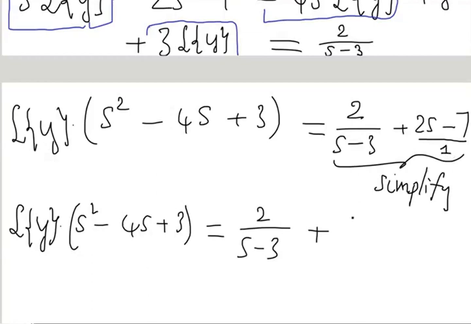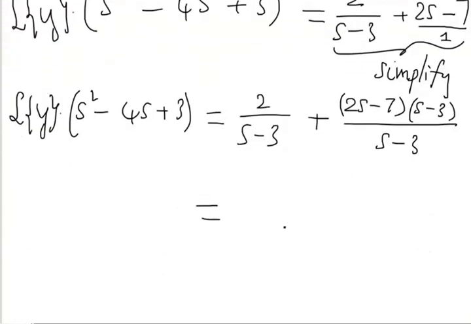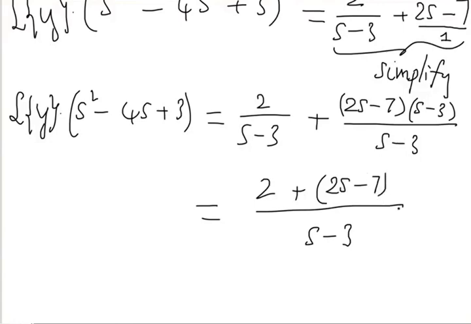So we multiply both numerator and denominator by s minus 3 to have the common denominator of s minus 3. And we add them up: 2 plus 2s minus 7 times s minus 3. Now over here, you don't need to distribute the numerator and simplify it. Just leave it like this. It turns out easier later on. So don't distribute the numerator.